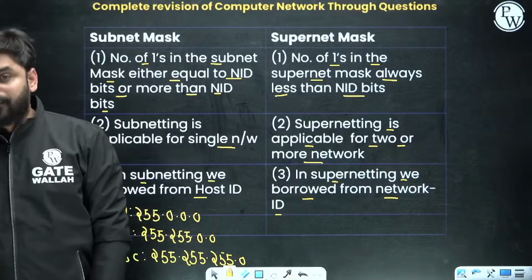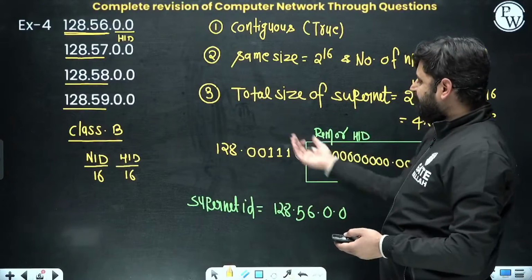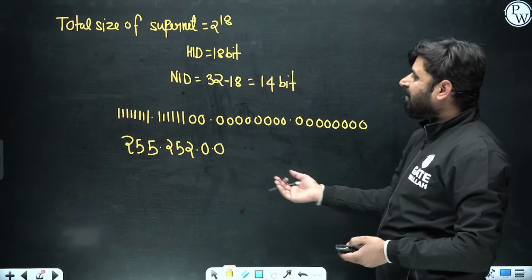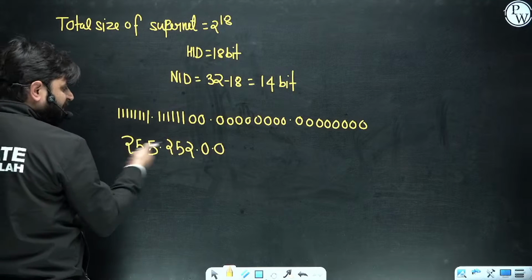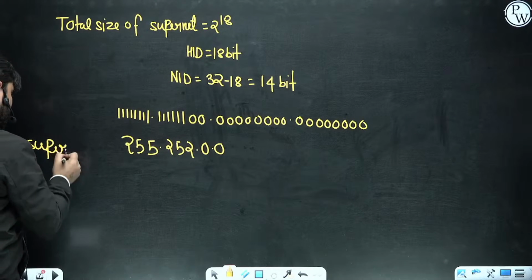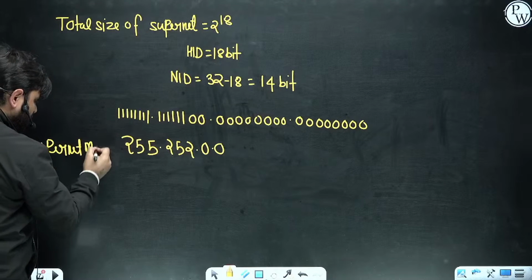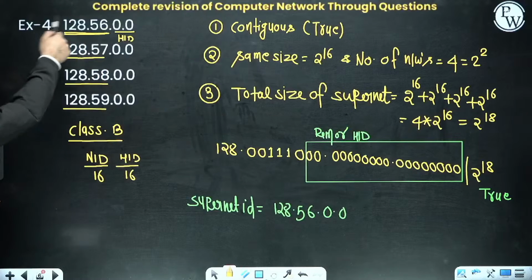No, it is not the case of class C only. You can take class B also as an example. This is the supernet mask for class B, right?